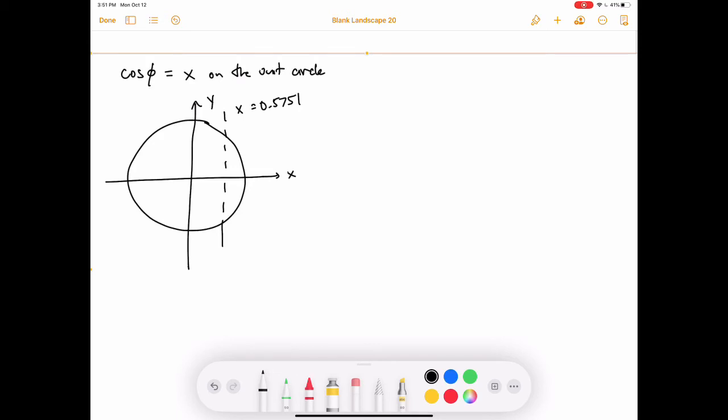Okay, so if you think about it, there are actually two different angles that will work. This angle up here, which is the one that the calculator gave us, 54.89 degrees, that will work. But also, what the calculator did not tell us is the negative of that angle also works.